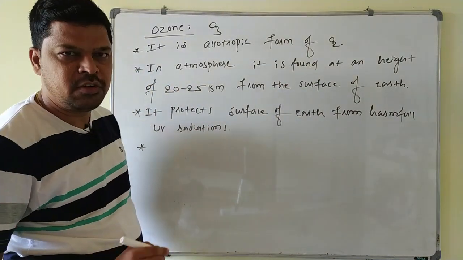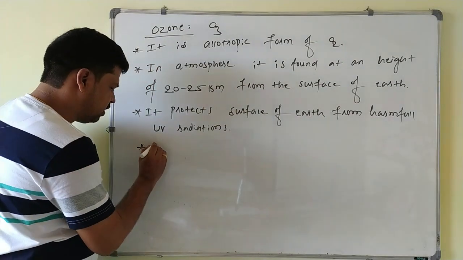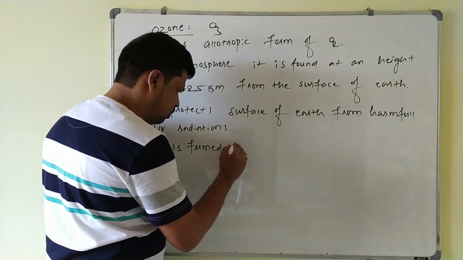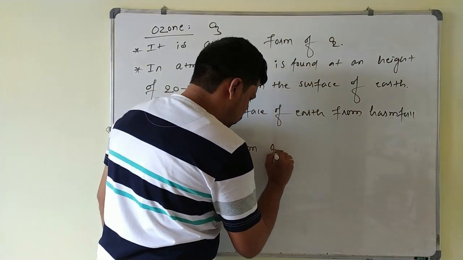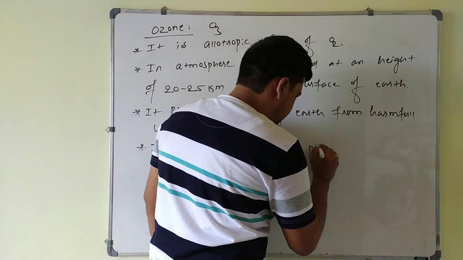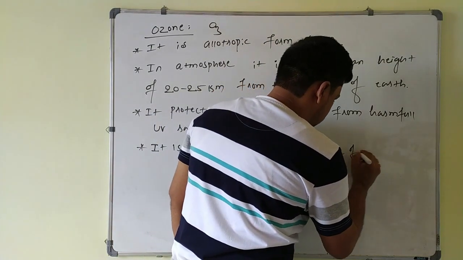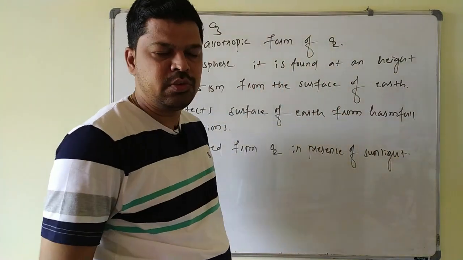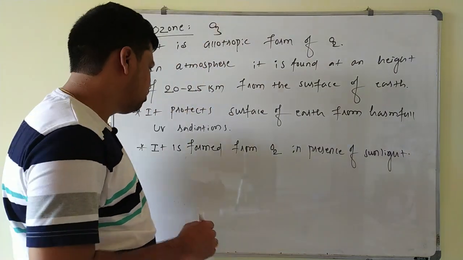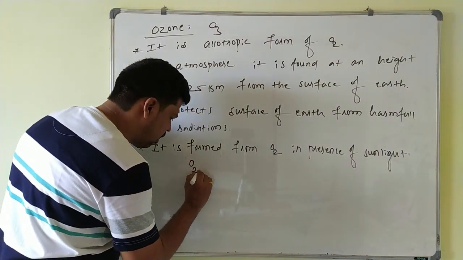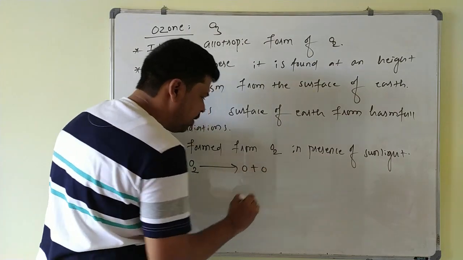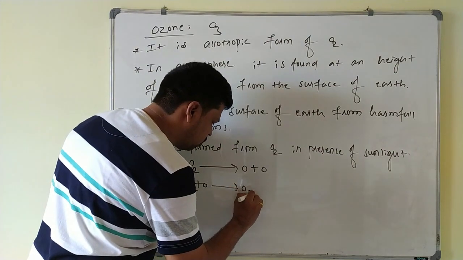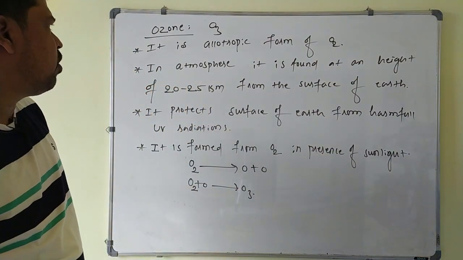So in the atmosphere it is formed from O2 in presence of sunlight. In presence of sunlight this O2 molecule undergoes dissociation to give two atomic oxygens, and this atomic oxygen further combines with O2 to give ozone. So these are some important points about ozone.